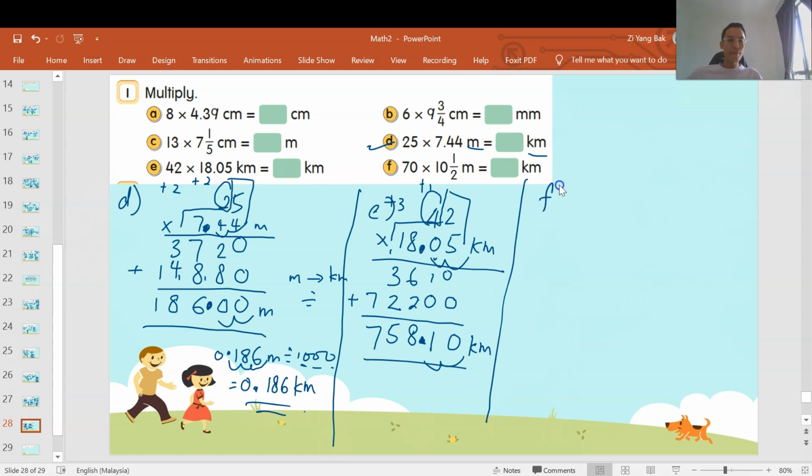For F, change this to decimal point first. Now 1 over 2 is the same as 0.5. 1 inside, 2 outside, you add 0, you get 0.5. So 10.5 times 70.